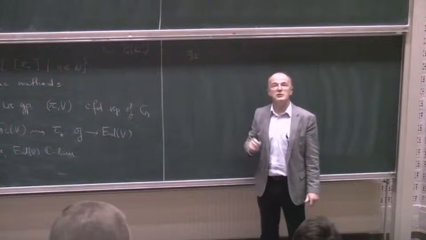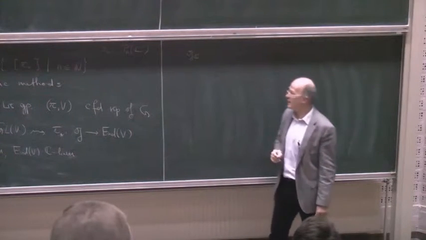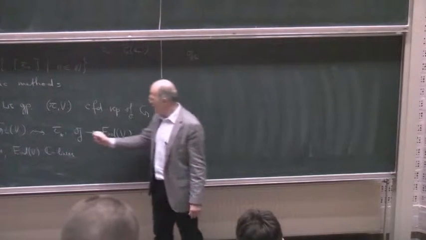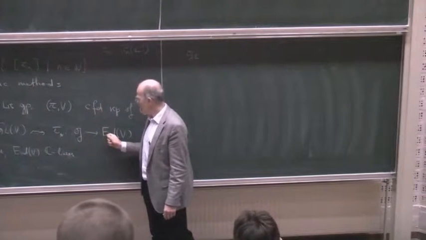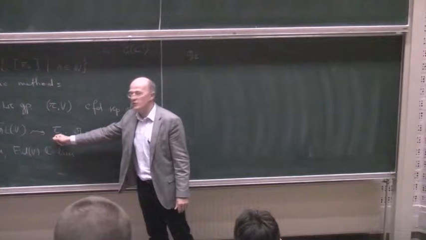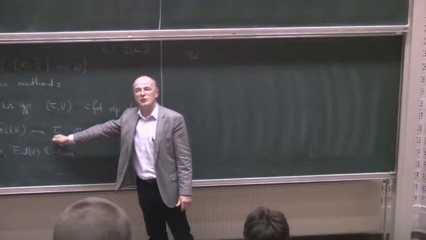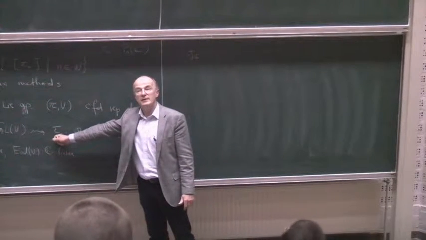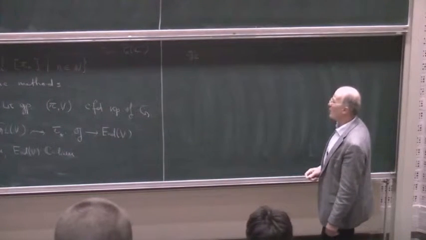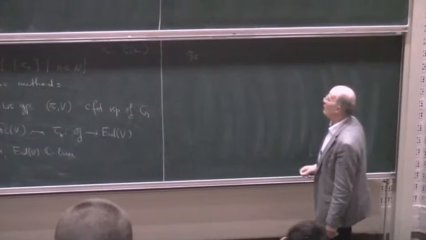So there is a natural complexification of the Lie algebra. And then we have a real linear map from G to here, but since this is a complex linear space already, this map has a unique extension to a complex linear map, and this will be a Lie algebra homomorphism.